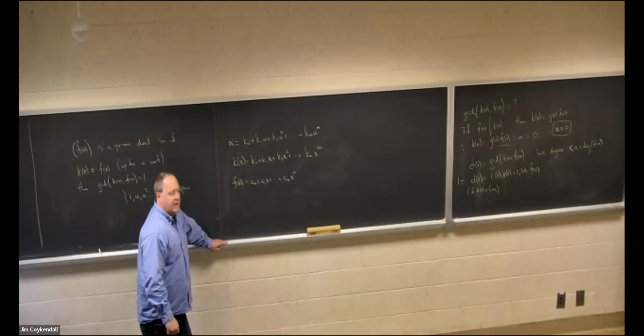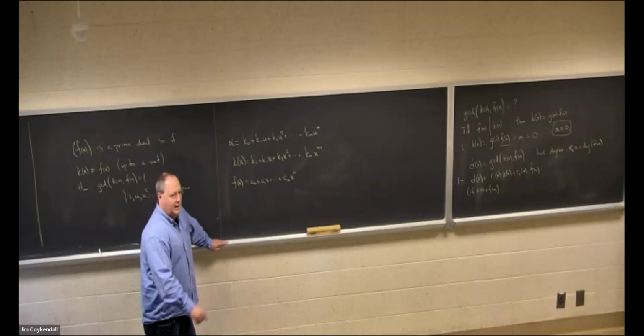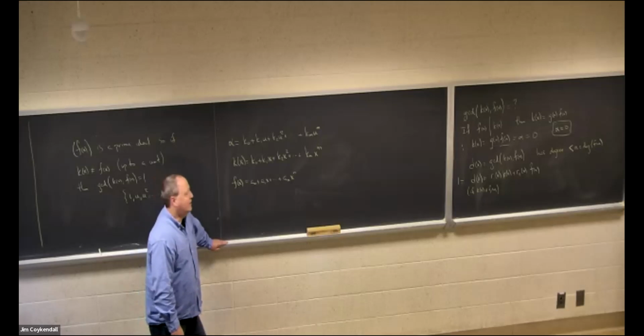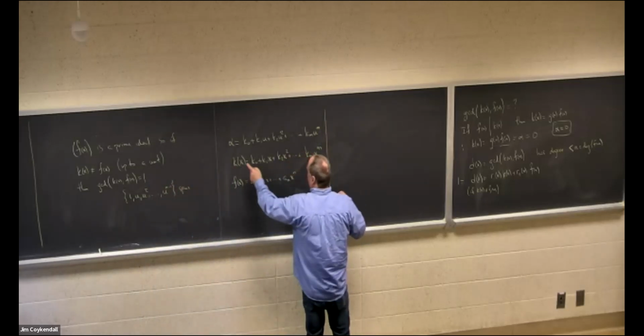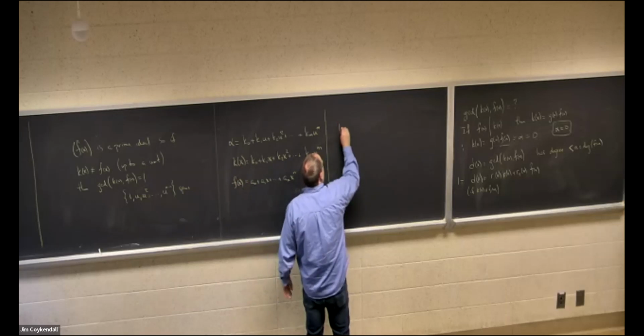So we've given a lot of lip service to the fact that k[x] is a PID, but it's actually something even stronger than that. Anybody know? It's Euclidean. We can do the division algorithm. So here's the quickest way to do this. Divide k of x by f of x.